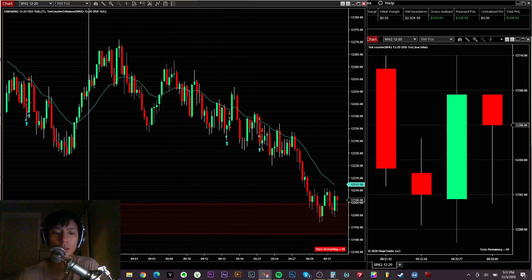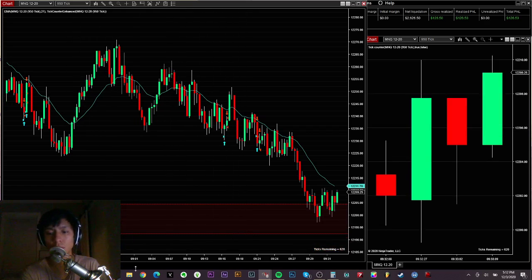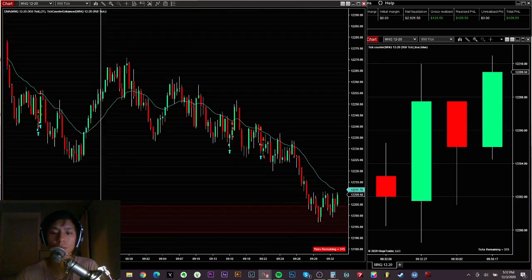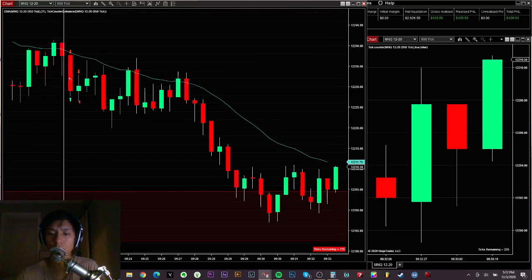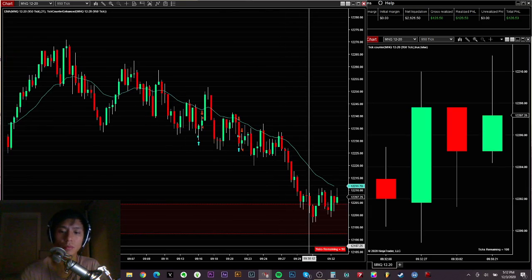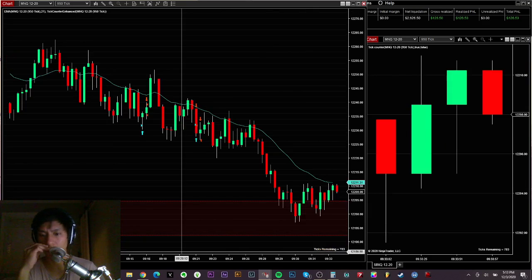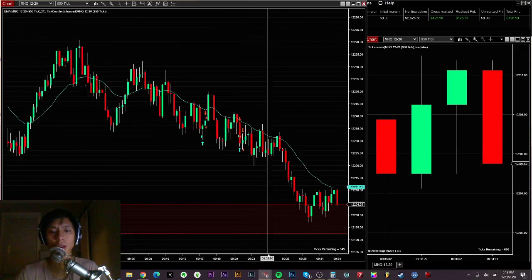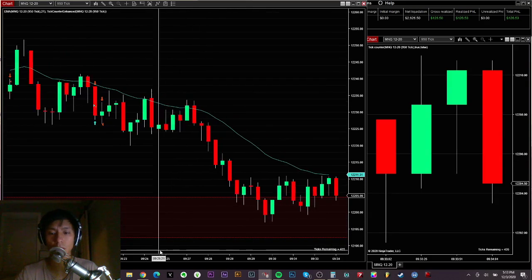Nothing really. Market's pushing up now. Oh wait, hold on. Oh no. Never broke lower. Why does it do that? Starting to believe that people are actually going short because of this spike here. And let's see what happens actually.